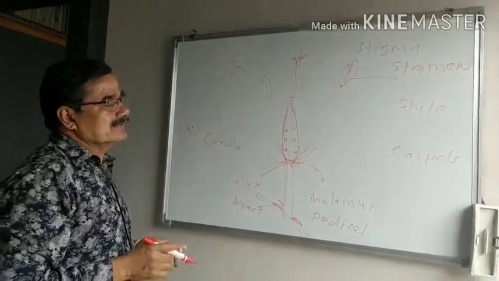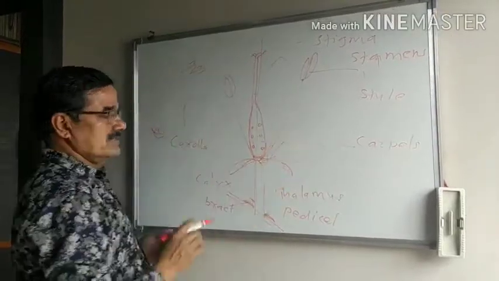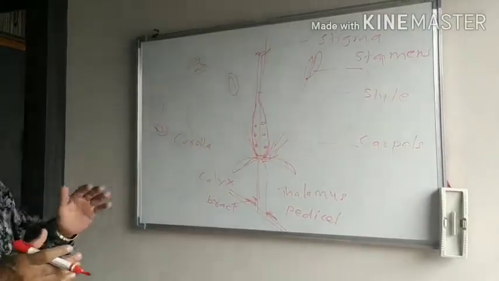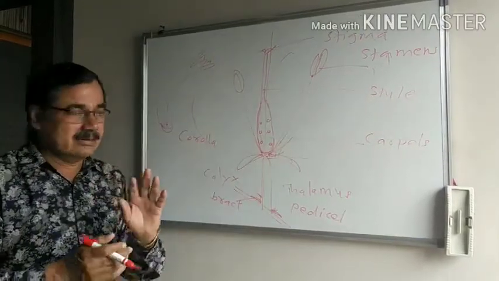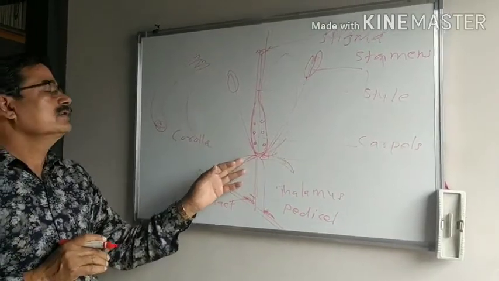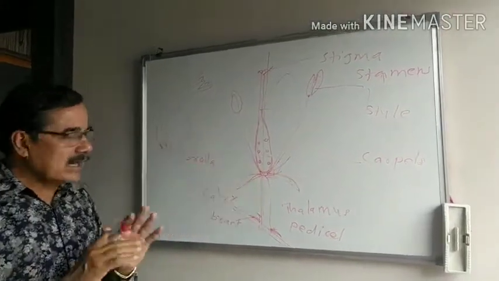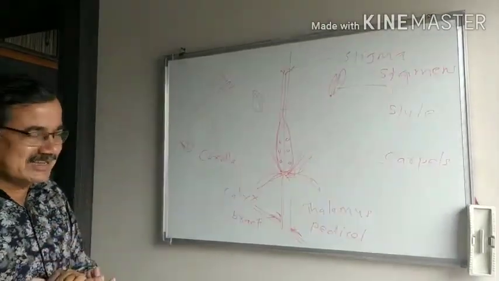In some flowers, the floral whorls, calyx and corolla, are larger in size. Few corollas and few calyx are smaller and few are larger in size.